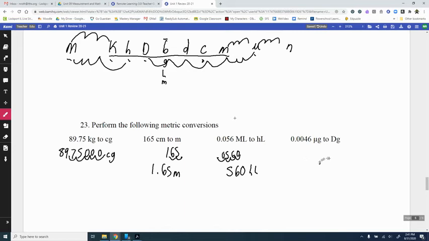So 0.0046, we move it 7 places: 1, 2, 3, 4, 5, 6, 7. That's going to be our decimal. Fill that in with zeros, and that's our new number. A whole bunch of zeros, point, a whole bunch of zeros, 46 decagrams.